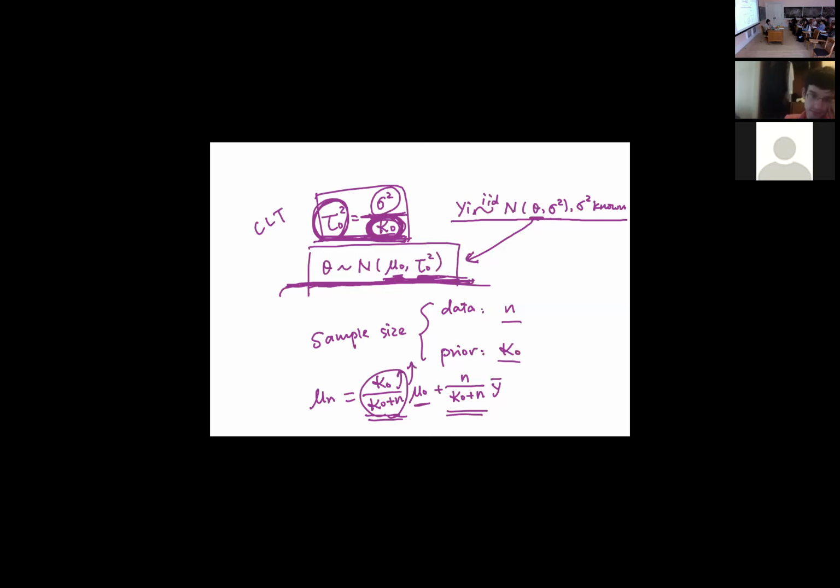Okay, if you guys can turn to the page, because we talked about this even for the beta binomial case, remember? We talked about the posterior mean being the weighted average of the sample mean and the prior mean. It's in chapter 3, but I'm trying to find the notation.